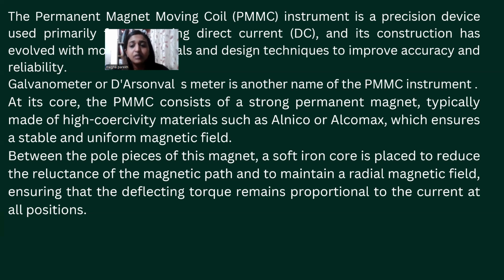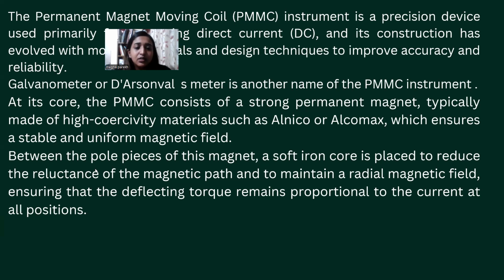A high coercive material is a type of magnet that is very strong and hard to demagnetize. It keeps its magnetism for a long time and is used to make permanent magnets. So alnico or alcomax is a high coercive material.